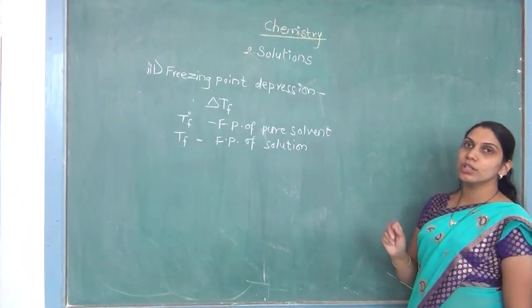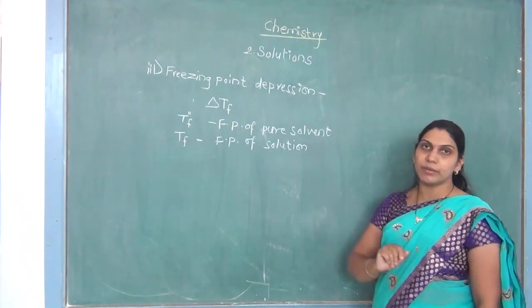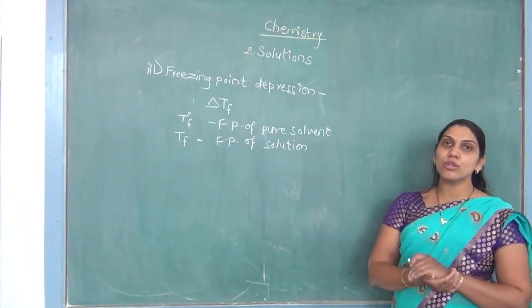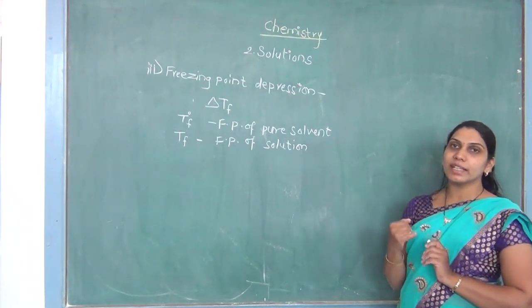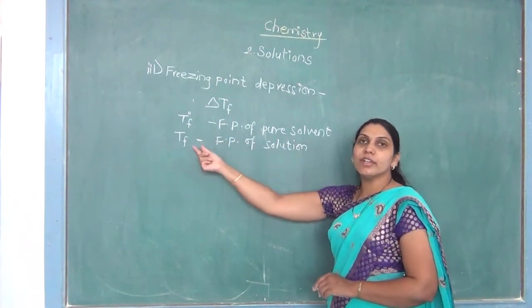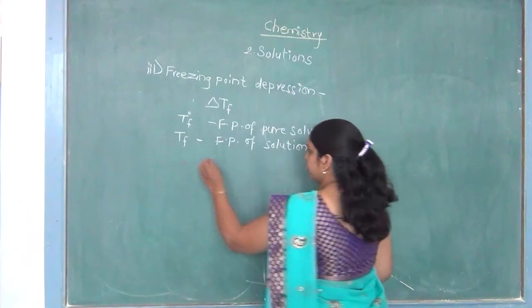And according to the concept of freezing point depression, when a non-volatile solute is added into a pure solvent, its freezing point decreases, and hence we can say that T0F is greater than TF.